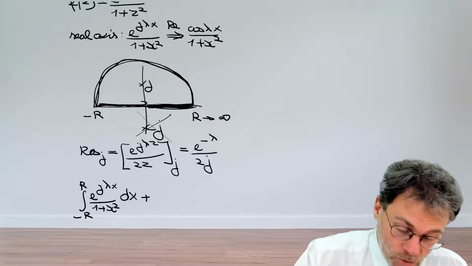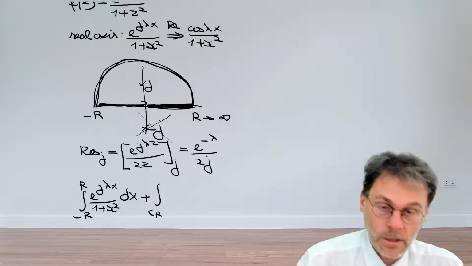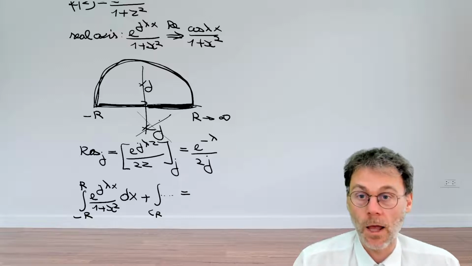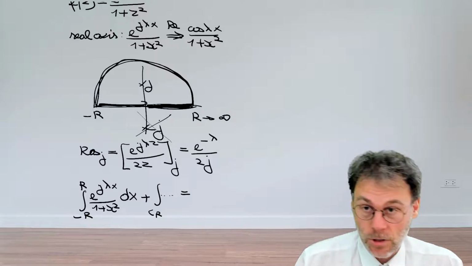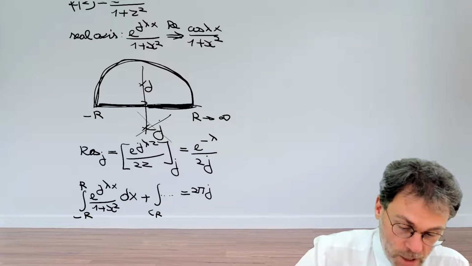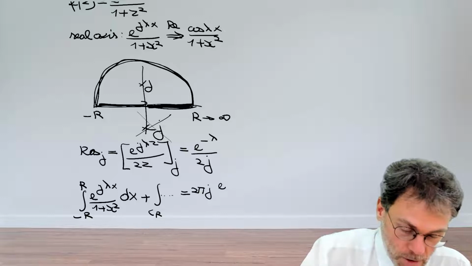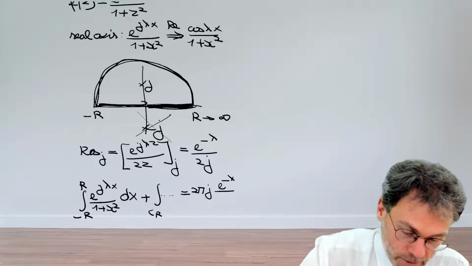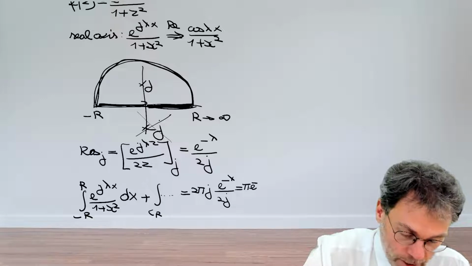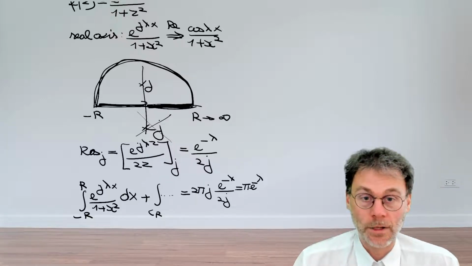Then we have a second contribution from that semicircle over here, and I'm too lazy to write the integrals. And the result of that contour integral is, again, 2 pi j times the value of the residue we calculated, exponential minus lambda divided by 2j. So this is just pi exponential minus lambda.